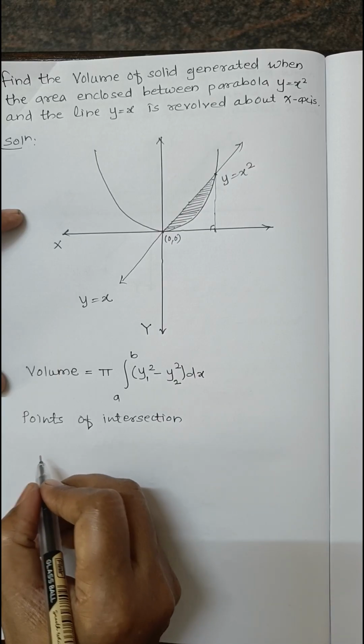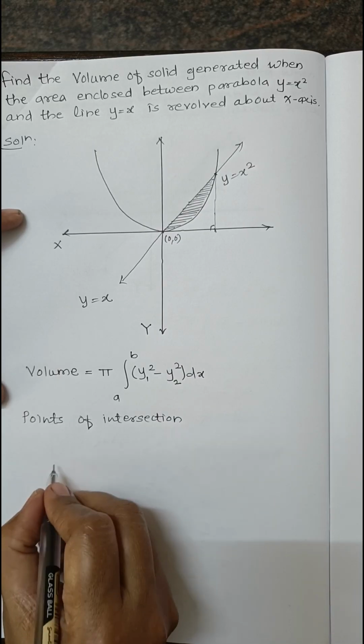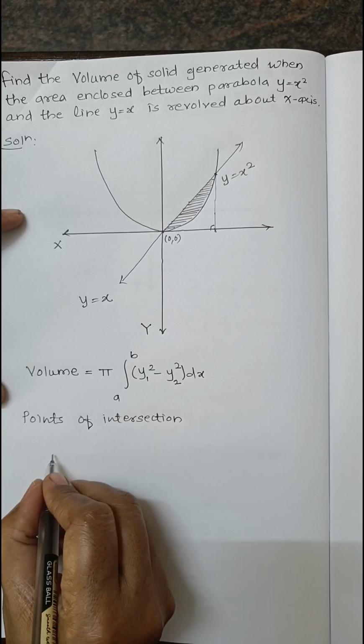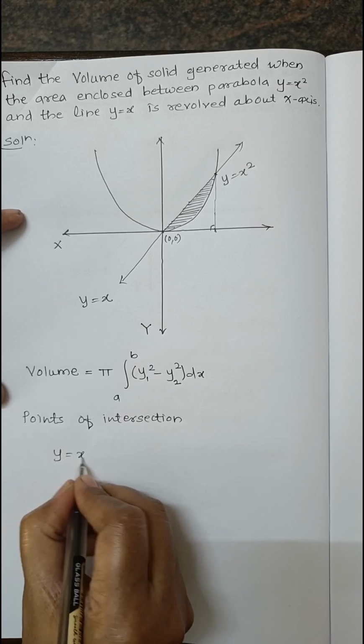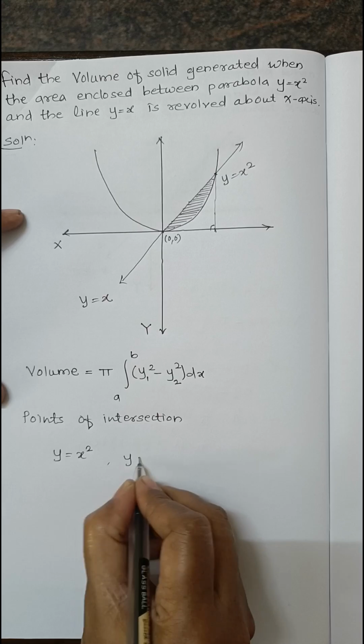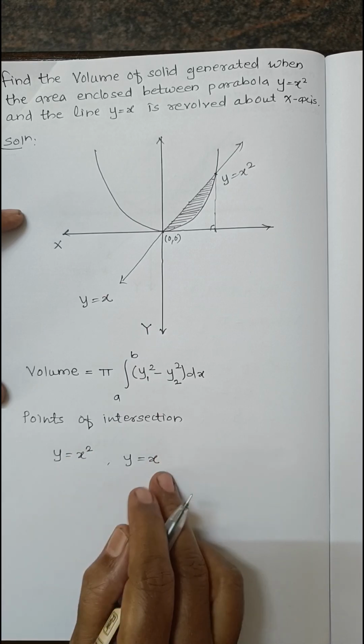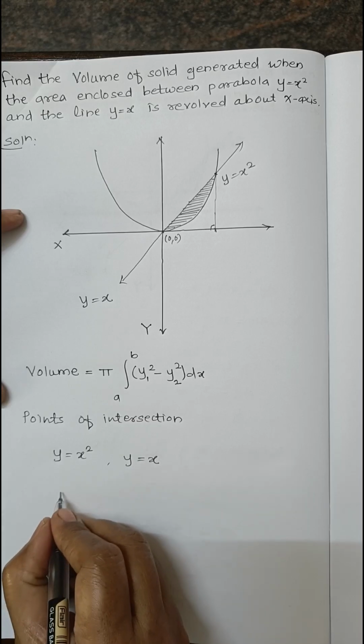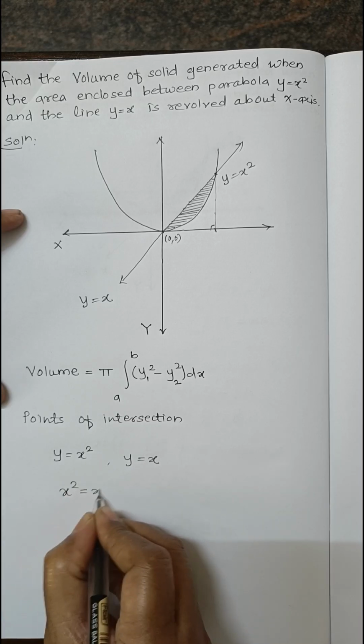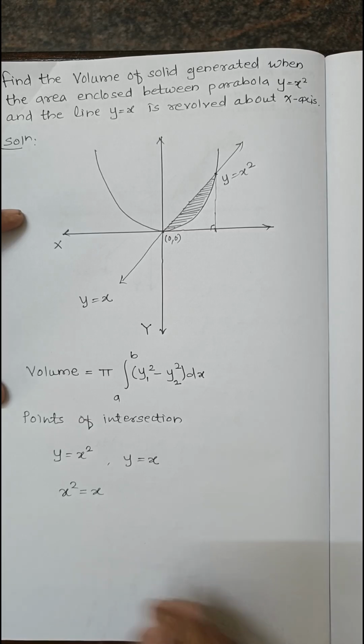Now to find the points of intersection we are using the substitution method. First equation is y is equal to x square and second equation is y is equal to x. Equating, we get x square is equal to x.